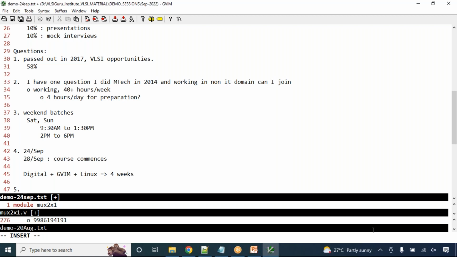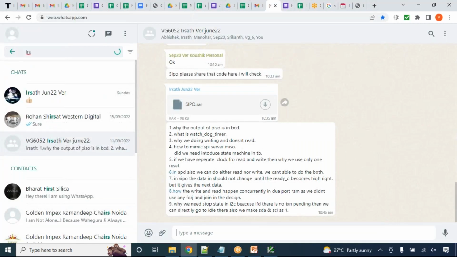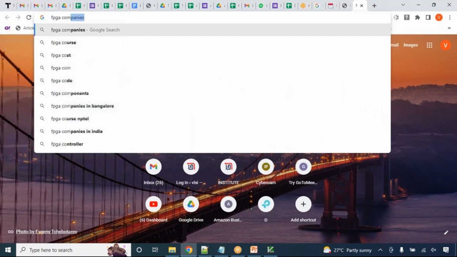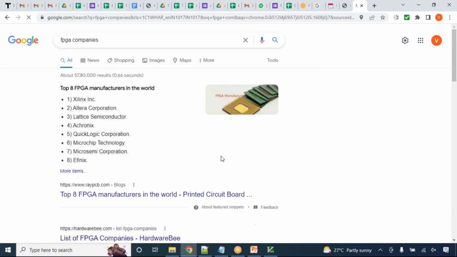Any other questions? What is it about FPGA? There are hardly 2-3 institutes in India, whereas the number of companies who hire is big. You just go to Google and search for FPGA companies, and you get a big list.